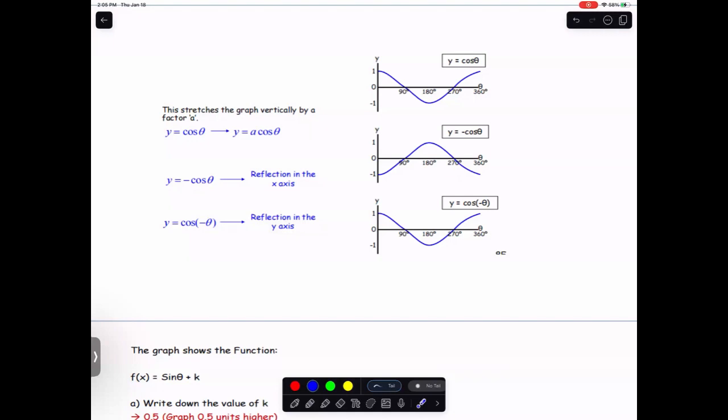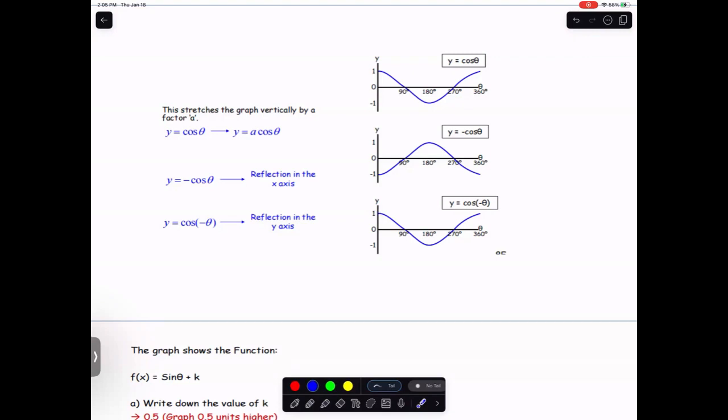So we have negative cos theta. We can have negative cos 0, which gives us negative 1 here. And cos negative 0 gives us this point here.